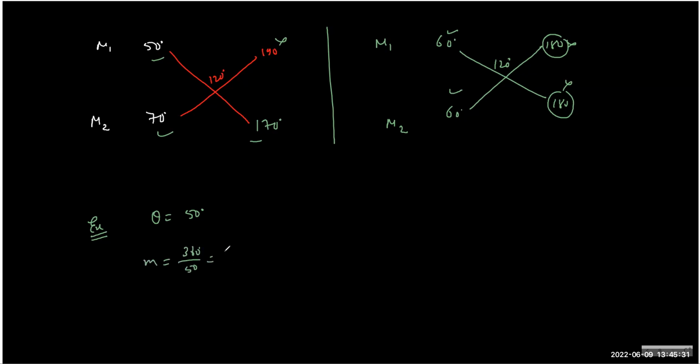So this will be how much? 10.2, so we can ignore the fraction. So the number of images will be 7. Even if I take theta equal to 55 degrees, let's see how much it is. 360 by 55, so it's 6.5.